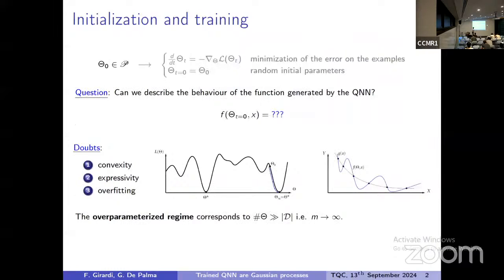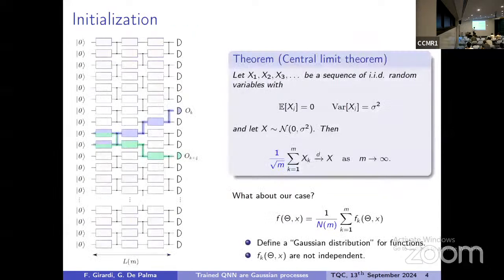So let's start answering that question at step 0, so when we initialize the parameters. Having a sum of local observables, we will have a function given by the sum of m different terms.